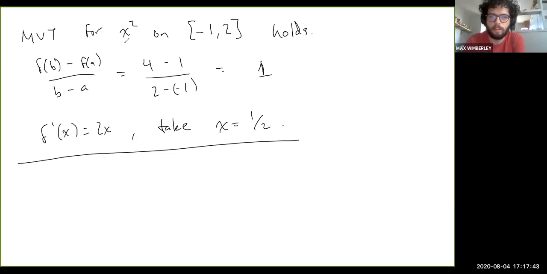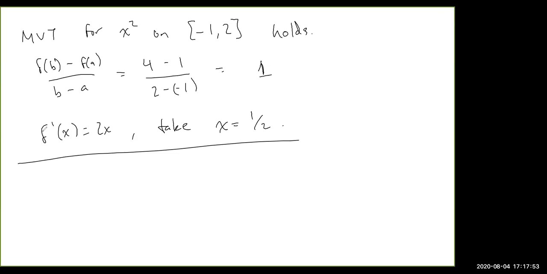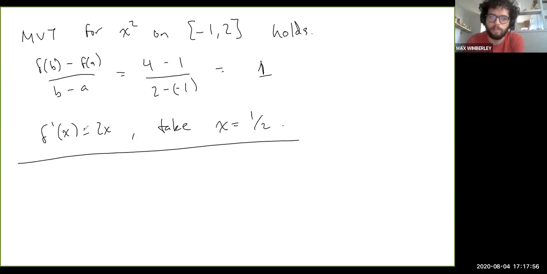In this case, if you were doing this problem, you can say without really any justification, f prime of x is 2x for all x in R, if f of x is x squared.